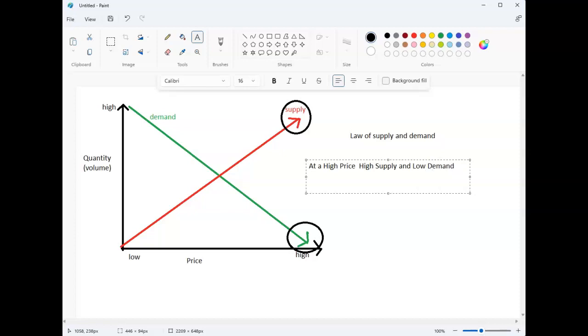It's just that at a high price, both elements, high supply and low demand, are going to present themselves. And at a low price, high demand and low supply will present itself. Okay?